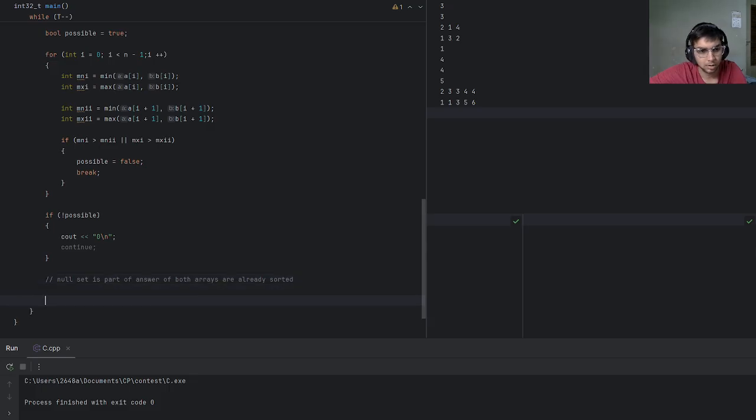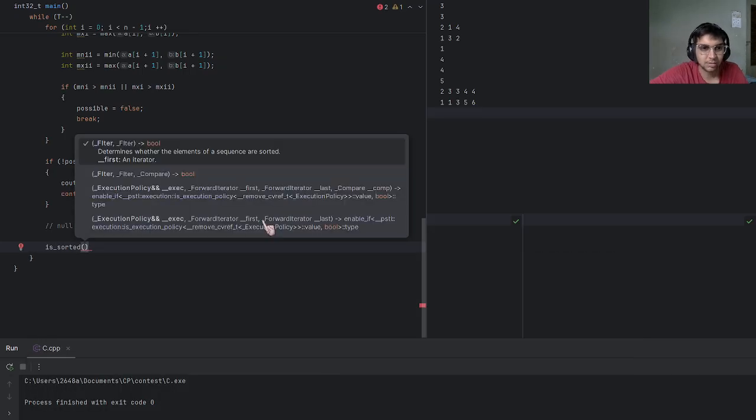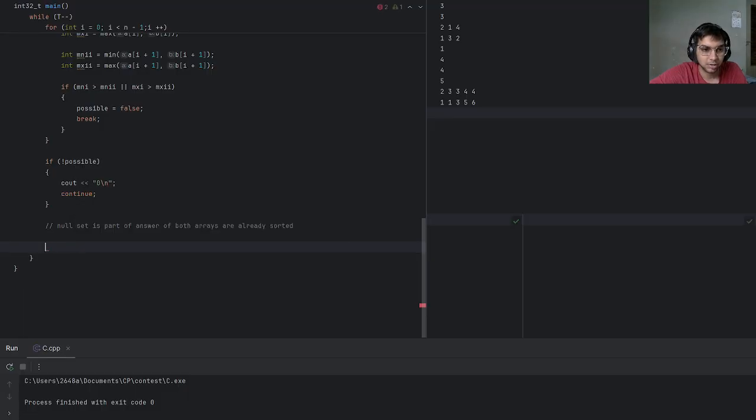So yeah. Next thing is the null set. Find out whether null set is part of the answer or not, if they are already sorted or not. There's a function, right? is_sorted. Determine whether the elements of the sequence are sorted or not. Okay.